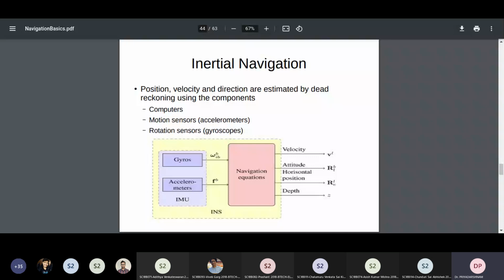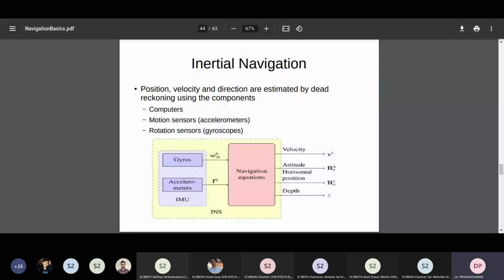If you keep on integrating, it will appear as if the object is moving, even though the object is on the surface of the Earth. So the inertial sensor, especially the accelerometers, cannot differentiate between acceleration due to gravity and the actual acceleration when you fire the thrusters. This is one difficulty you will encounter in navigation in launch vehicles.